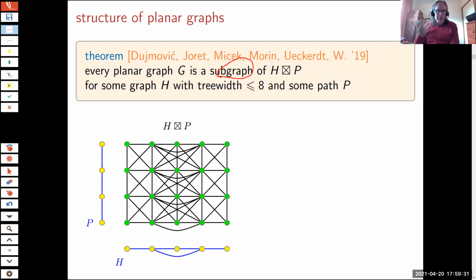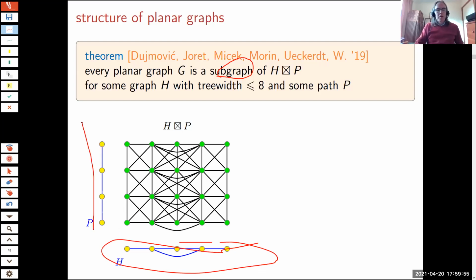Now, the class that G is a subgraph of is these H times P's, where H is a bounded tree width graph. And the product that we're looking at here is the strong product. This is this box with a cross in it. So let's see what this strong product means. Down the bottom, I've got a graph H here, which certainly has bounded tree width. It's tree width 2. And here on the left, I've got a path.